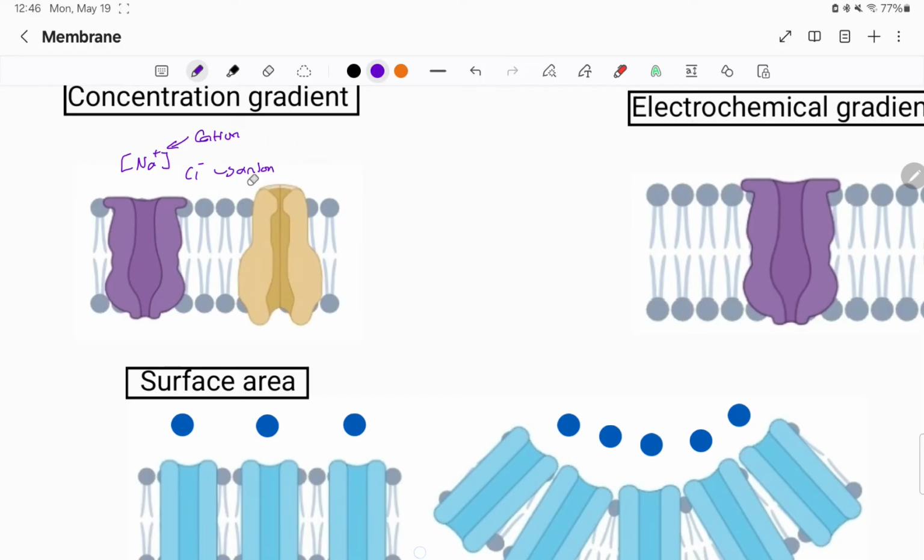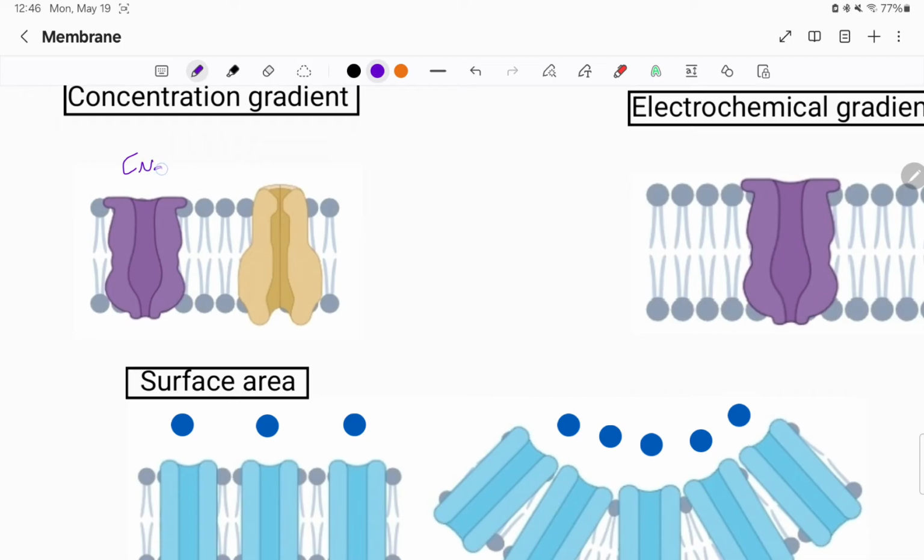Charged molecules can't just penetrate the membrane, so they need specific ion channels. That was just a little tidbit.